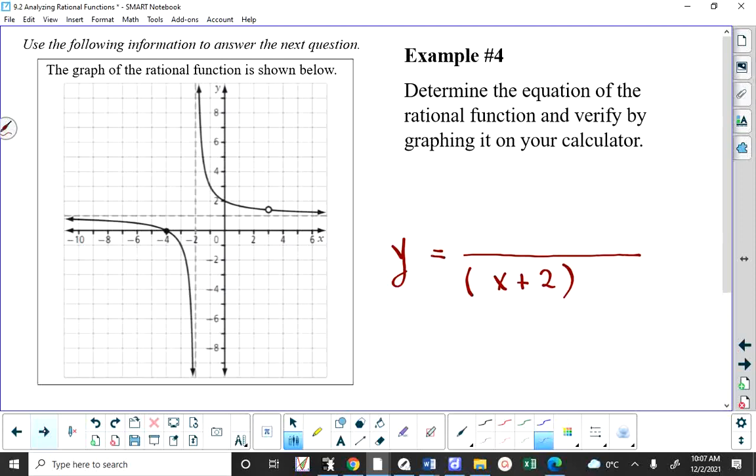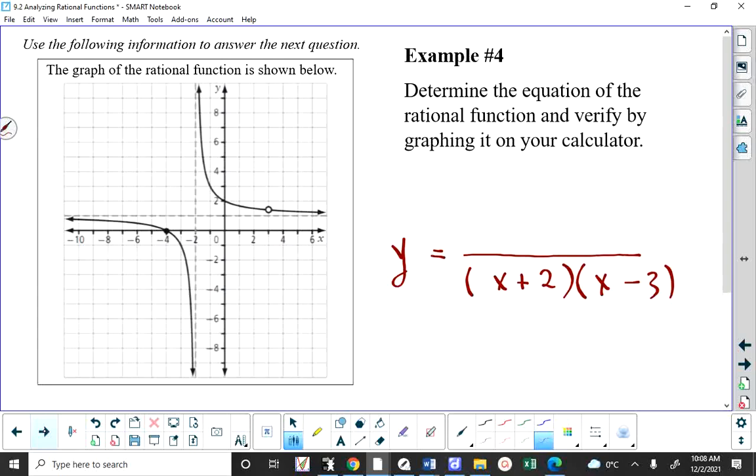If you have a hole at a particular value of x, then that value of x has to be the zero of another factor that's in the denominator. Because, in this question, if x is equal to 3, which is the x coordinate of the hole, you're not allowed to do that because there's no point there.